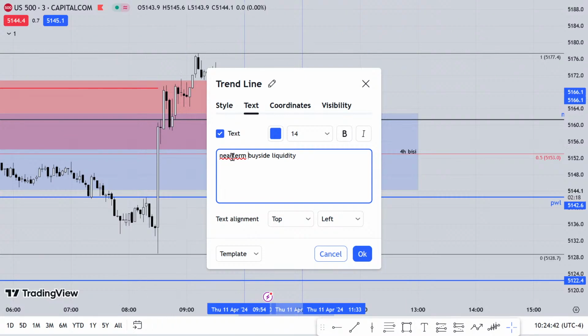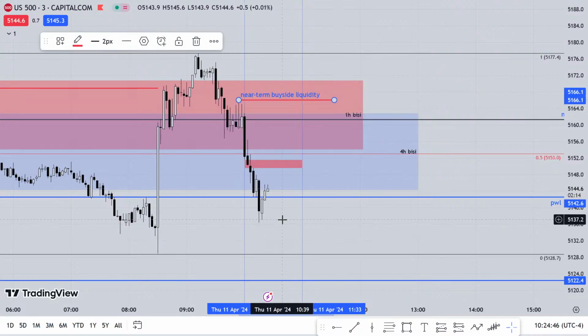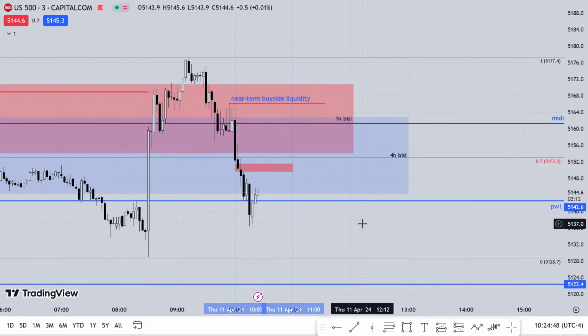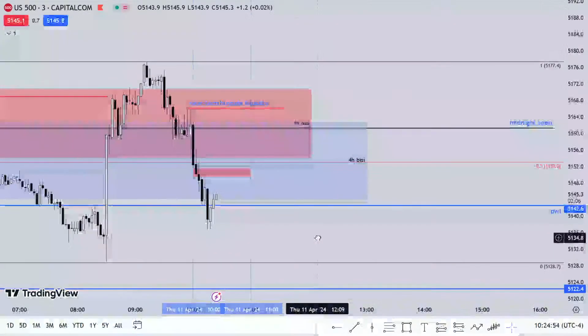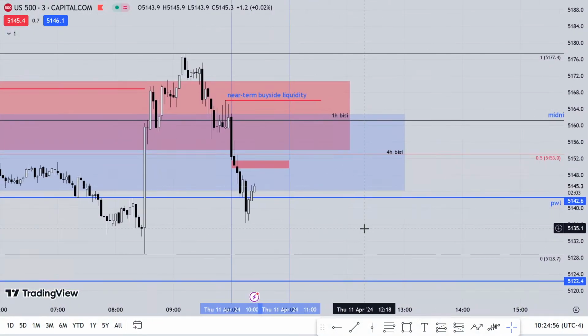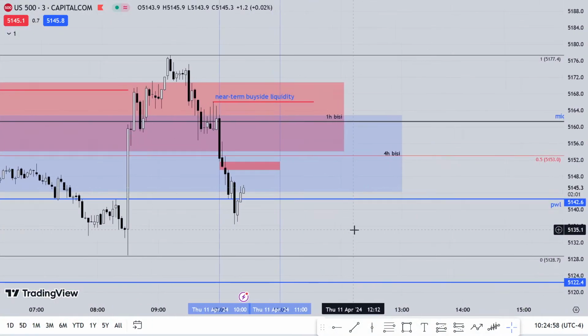So you should be in here, tend by liquidity, because you're not interested in taking longs, because the dollar is expected to go higher in the higher time frame. So if the dollar is expected to go up, you shouldn't be expecting lower prices for the indices.